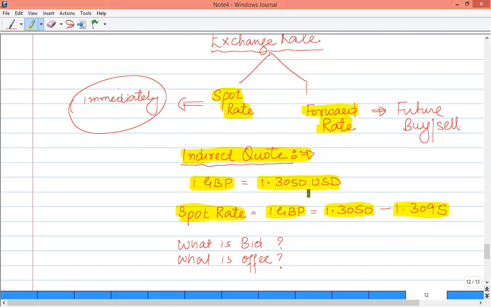So it's an indirect quote. Now how do we decide what is the bid rate and what is the offer rate? Bid rate means the purchasing rate and offer rate means the selling rate. So think from the perspective of a bank: what would be the bank's buying rate and what would be the bank's selling rate?